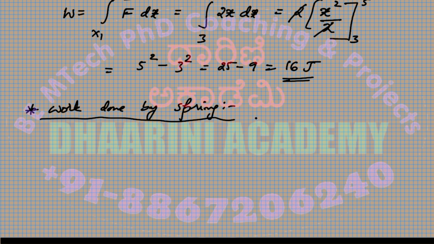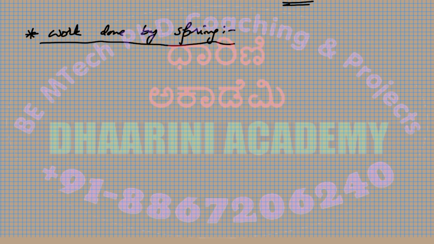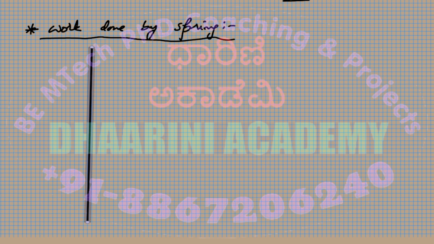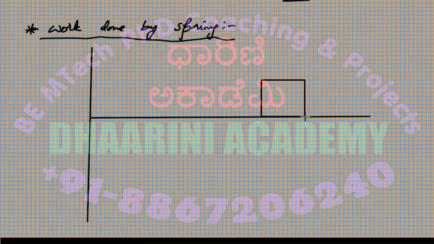So work done by a spring. The general equation, let's try to write a diagram here to understand the whole concept. Okay, this is a reference. There is an object placed over here.